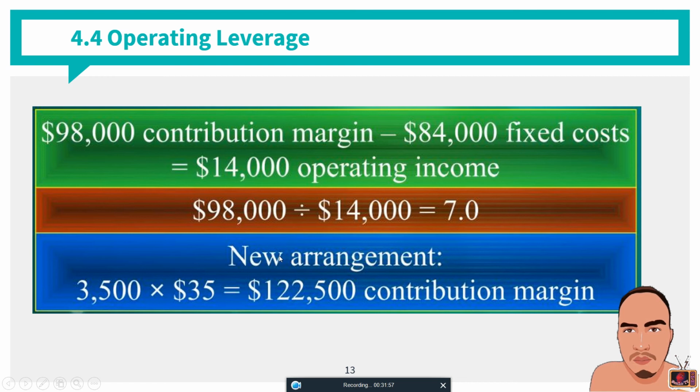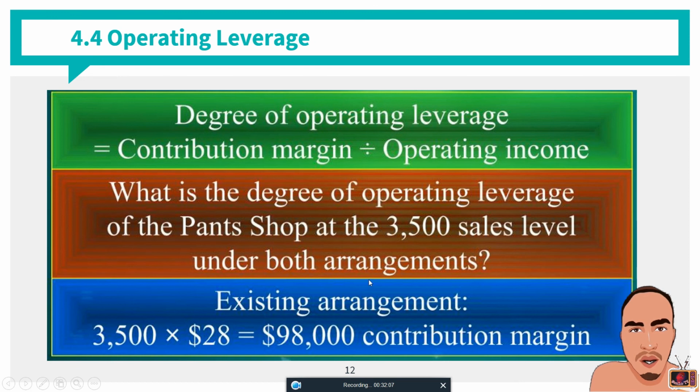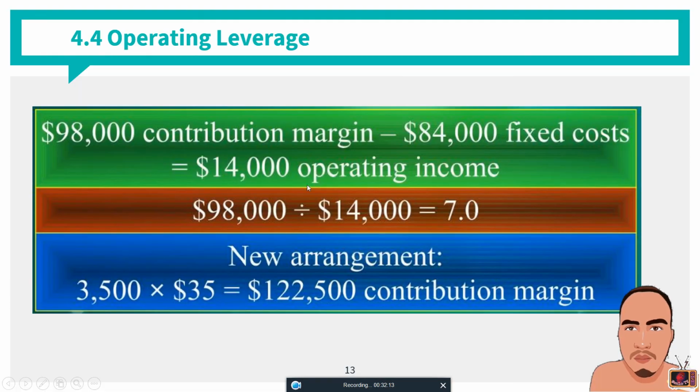The new arrangement is 3,500 times 35. So why 35? Because our CM is 28, and based on this formula, 7, so 28 plus 7 is equal to 35. So you would have a new contribution margin of 35.